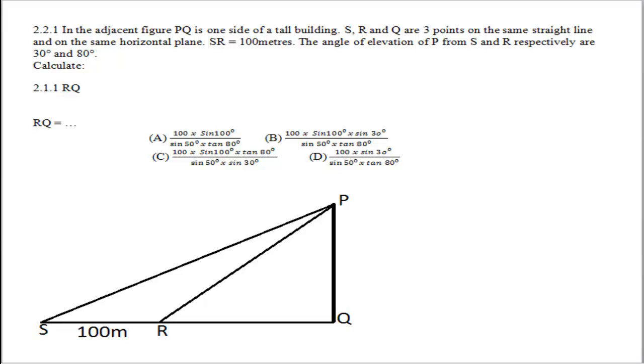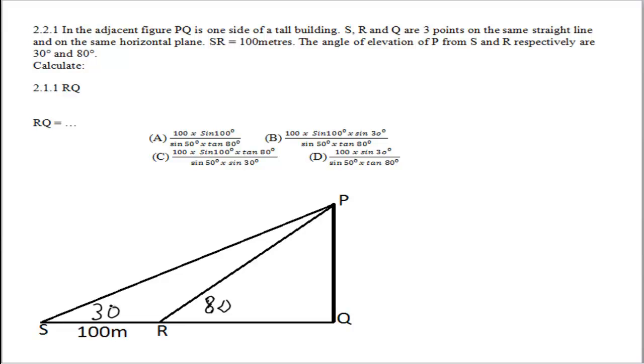80 degrees. So if we look at this problem here, we notice the angles of elevation are 80 and 30. So what we really have now, if you look at there, we're looking at PQ.